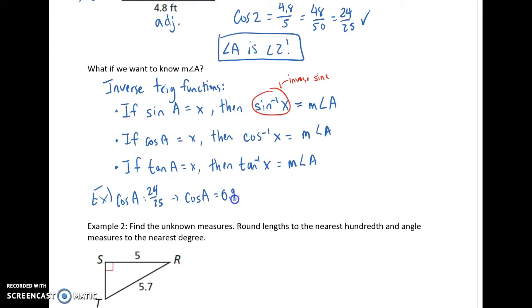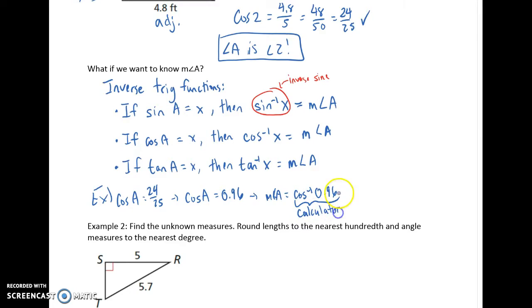So I'm going to write that as 0.96. That's the exact decimal. Remember, I can't divide by cosine, but I can say the measure of angle A would equal the inverse cosine of 0.96. This is what we call the exact answer, and this would be what you put into your calculator.